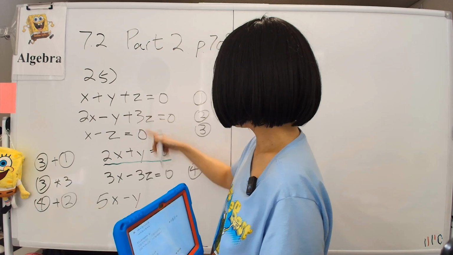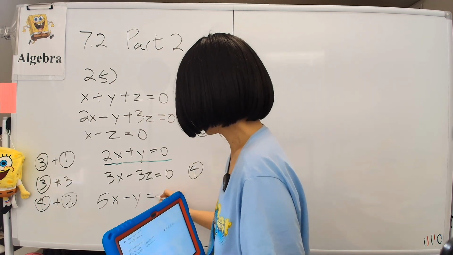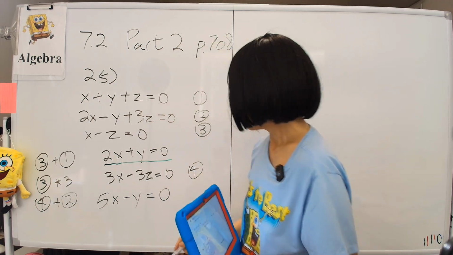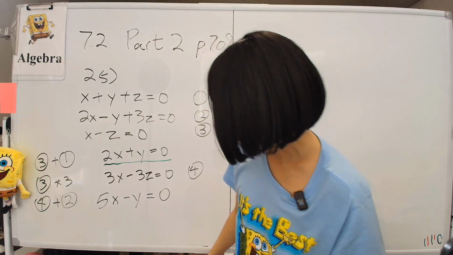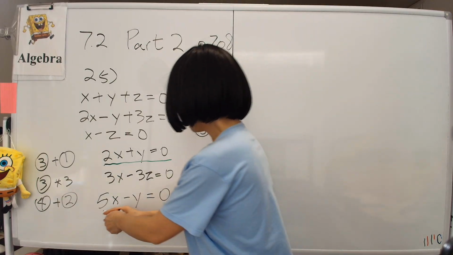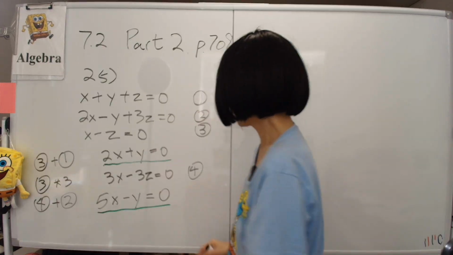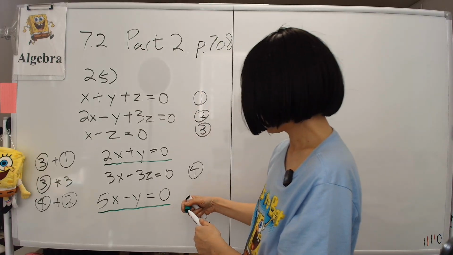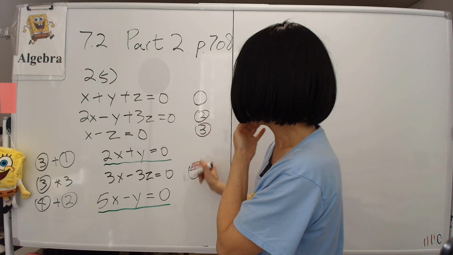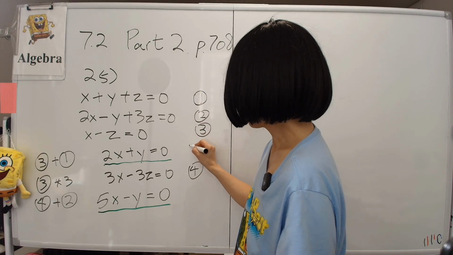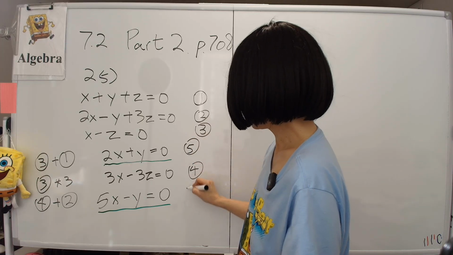And then the z cancels out, so that's still equal to 0. Now we'll draw this as a green line. So now we have the second one. We'll call this equation 5, and then we'll call this equation 6.